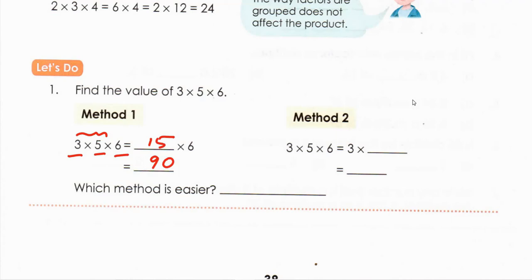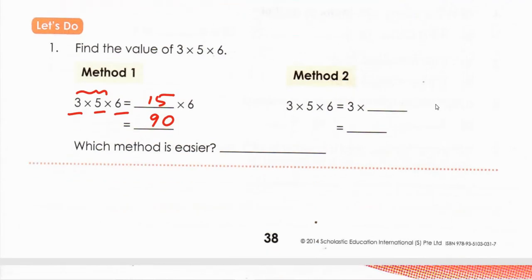But coming to this chapter, we'll simply go further, that is 3 into 5 into 6. Here in this example, he took these two first, and here in this method he has taken the number 3 individually and clubbed the other two numbers, 5 into 6. 5 6 are 30.